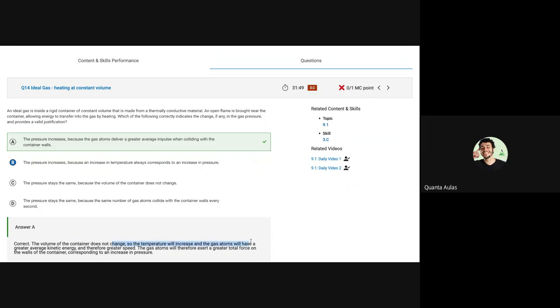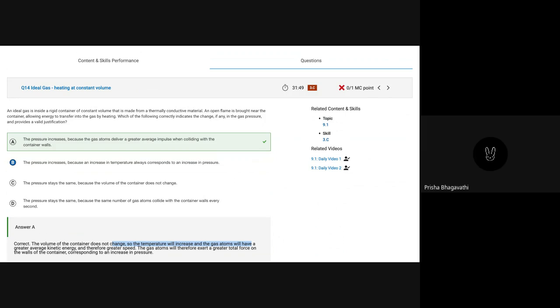You put B, the temperature increase, because an increase in temperature always corresponds to an increase of pressure. No, this is not right, because in some gases we have a constant pressure. You change the temperature or you change the volume, but the pressure is the same.